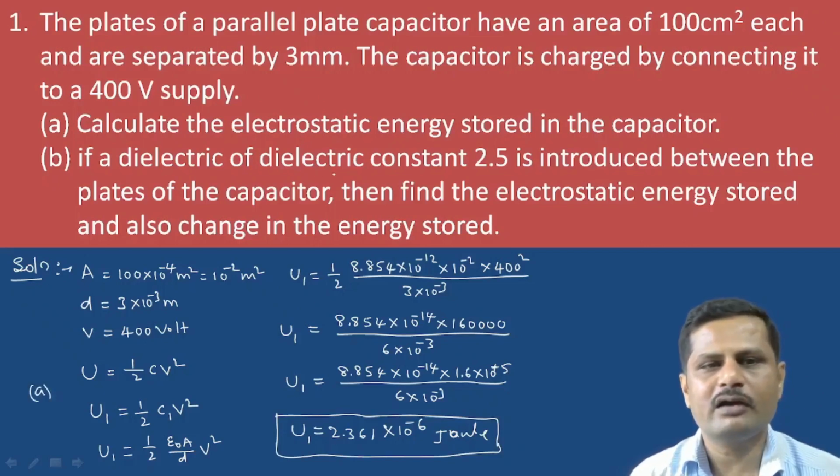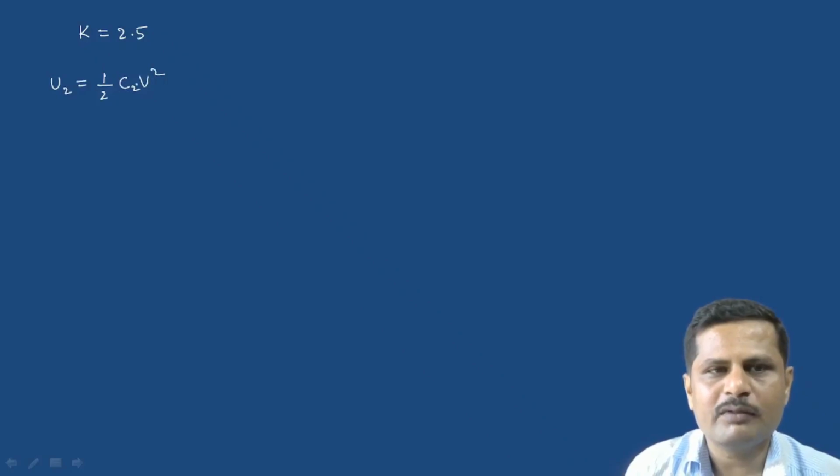If a dielectric medium of dielectric constant 2.5 is introduced between the two plates of the capacitor, then what would be the energy stored? Let me consider the energy stored when the dielectric medium of dielectric constant 2.5 is introduced, that is equal to half C2 V square, because the capacitance of the capacitor depends on the medium between the two plates.